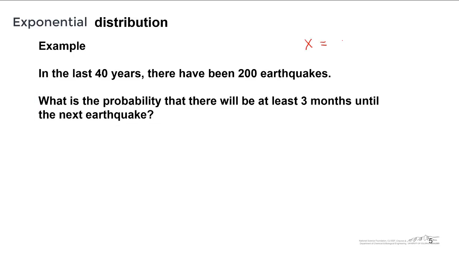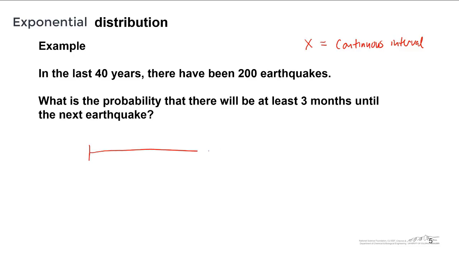This is known as the exponential distribution, and x represents a continuous interval. In the Poisson distribution, x represented a discrete number of events, but in the exponential distribution, x is going to represent a continuous interval. So we're kind of flipping the Poisson distribution on its head, and instead of asking what's the probability of getting a number of events in an interval, we're asking what's the probability of an interval between events.